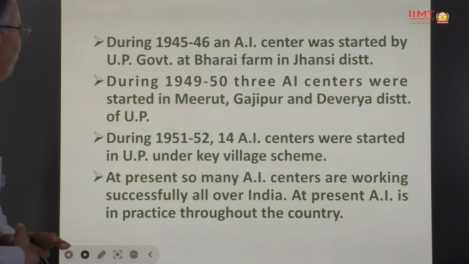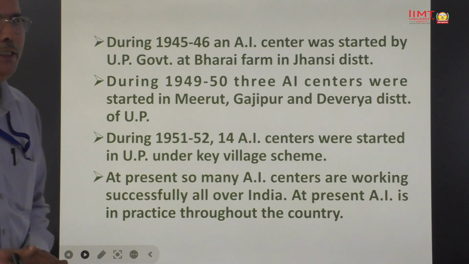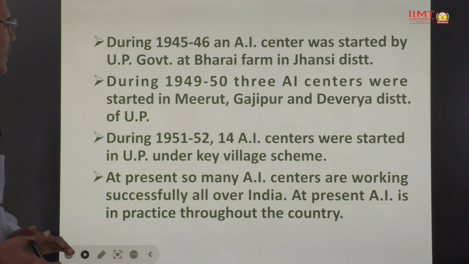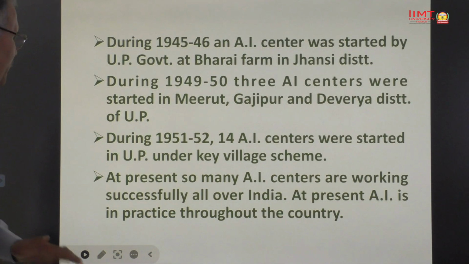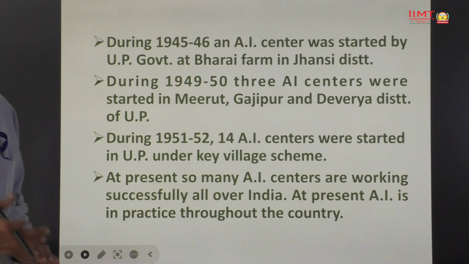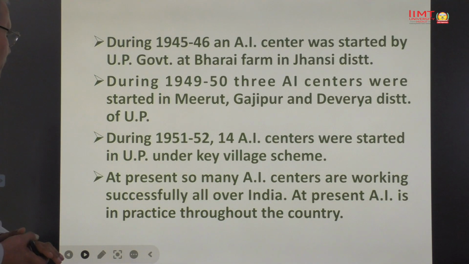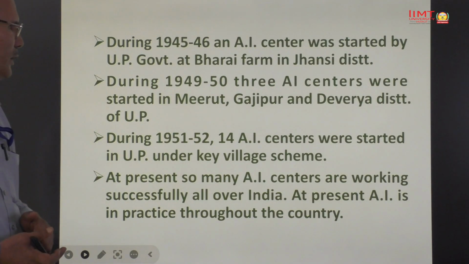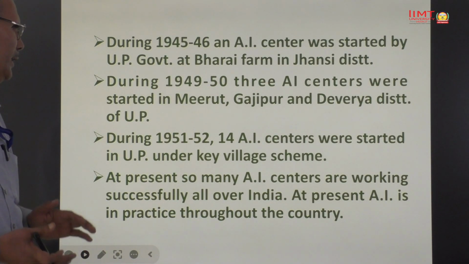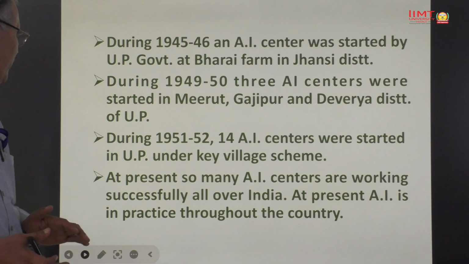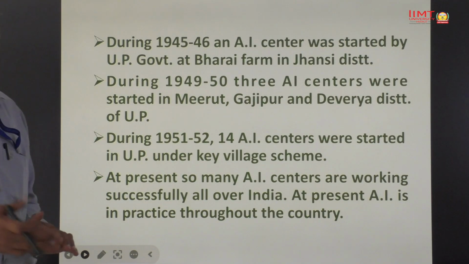During 1949 to 50, 3 AI centers were started in Meerut, Gazipur and Devariya districts of UP. During 1951 to 52, 14 AI centers were started in UP under the Key Village scheme. At present, so many AI centers are working successfully all over India. Or you can say at present, AI is practiced throughout the country.